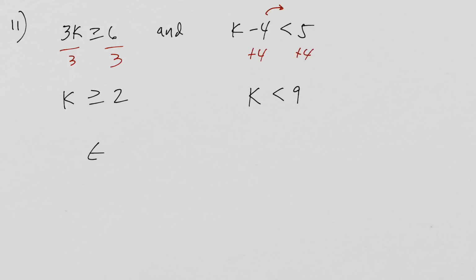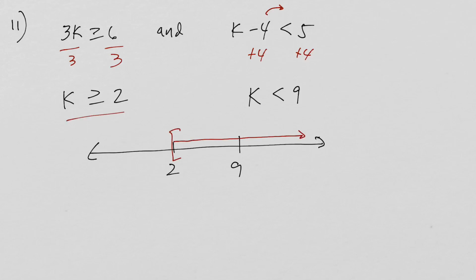So if you think about a graph, let's put our 2 to the left of the 9. All right, if we do this one in red, this is a greater than or equal to 2, which looks like this. If we do this one in blue, a less than 9 looks like this. And we want to share only the portion that they have in common, which is this area right there.